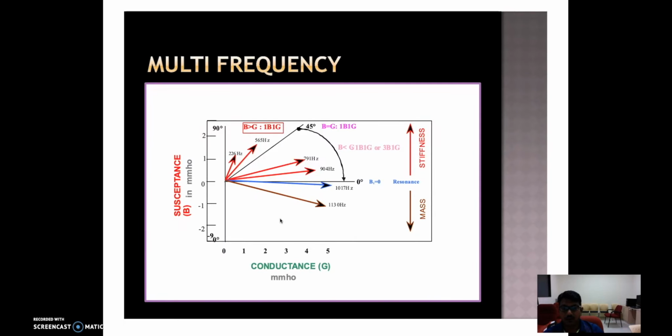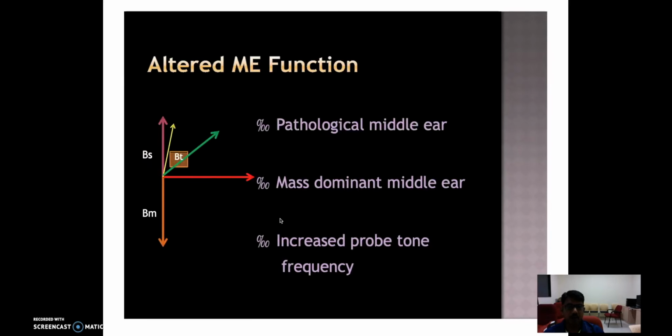So that is where multi-component and multi-frequency tympanometry comes into the picture. That is, whenever these rules are violated for normal single component tympanometry, which I had already mentioned, so once again, it is there in the slide. Whenever there is a mass dominated middle ear, or any pathology of the middle ear which is affecting the mass component rather than the stiffness component, and increased probe tone frequency.